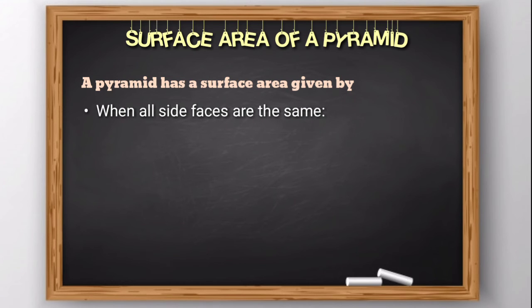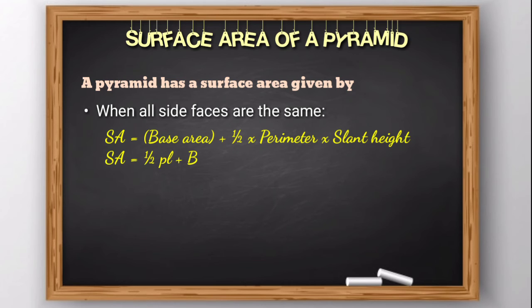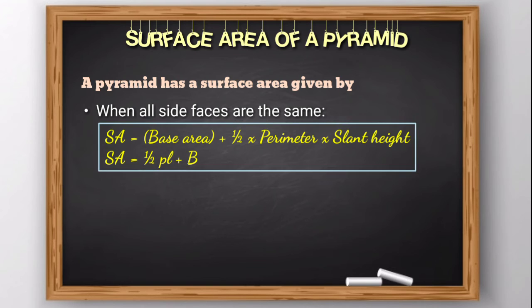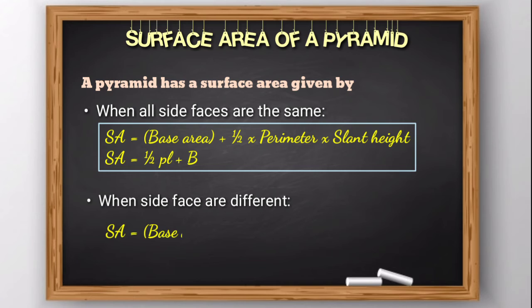The formula is SA equals base area plus 1/2 times perimeter times slant height, or SA equals 1/2 times P times L plus B. And when the side faces are different, the formula is SA equals base area plus lateral area.